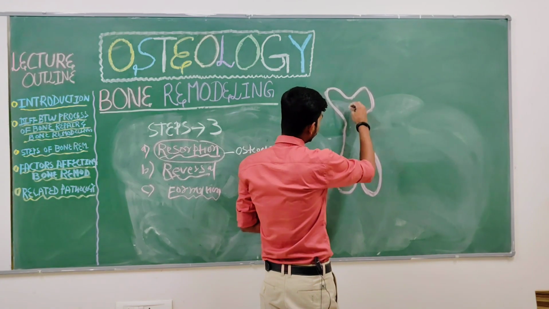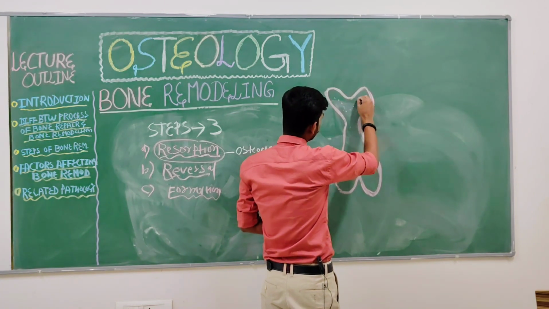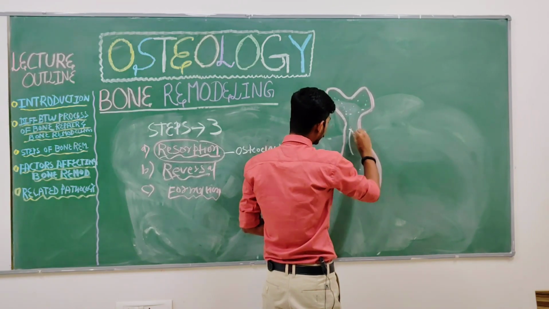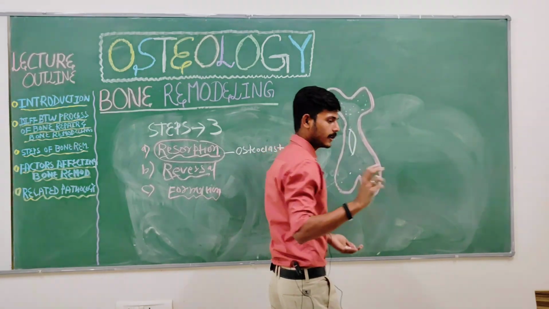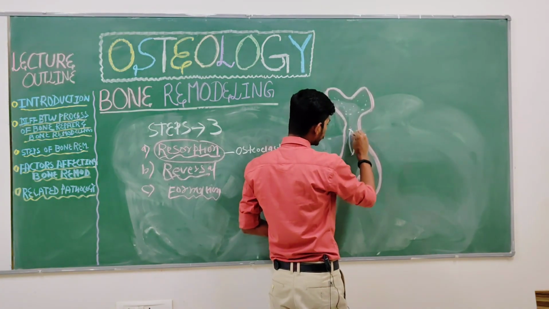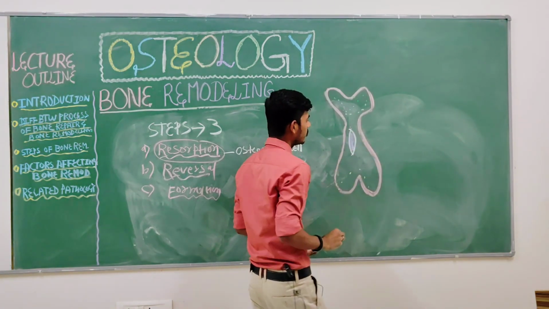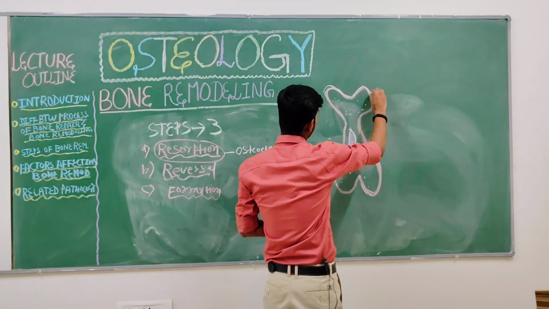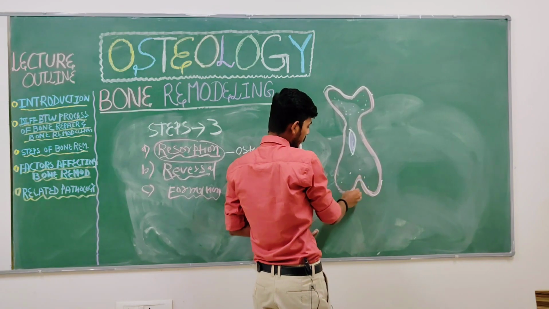In the long bone, the spongy or cancellous bone is present in this area. And here is your medullary canal, the bone marrow cavity, where your precious bone marrow is situated. And it is your articular cartilage present at both ends.